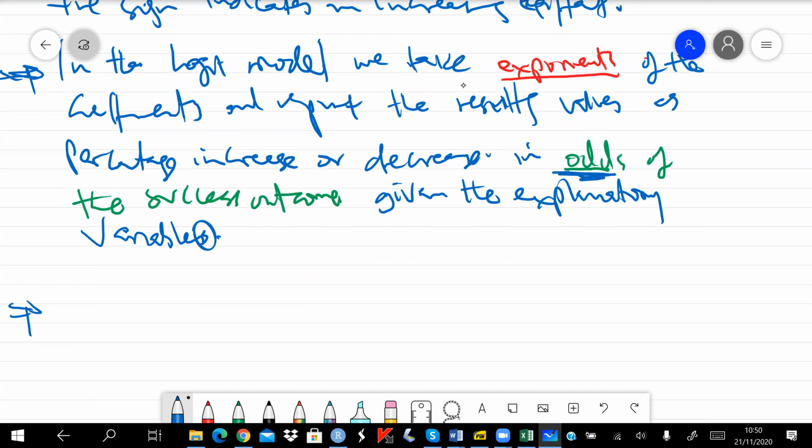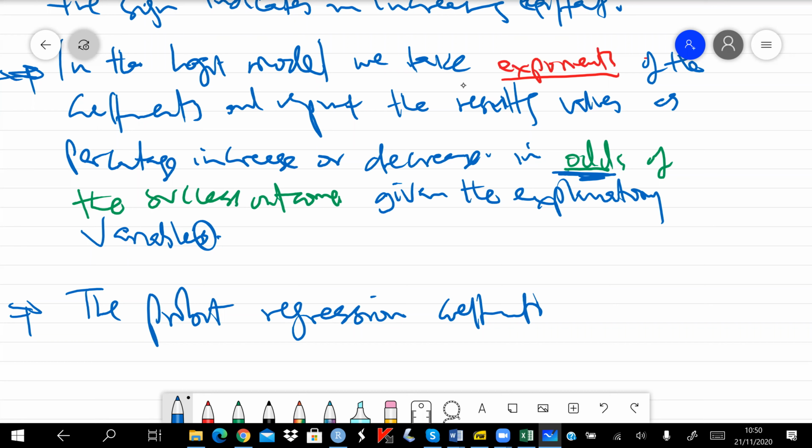Then the Probit regression coefficients. Remember, we said that the Probit assumes a normal probability distribution, which is a continuous probability distribution. So the interpretation is quite different from the one of the Logit.